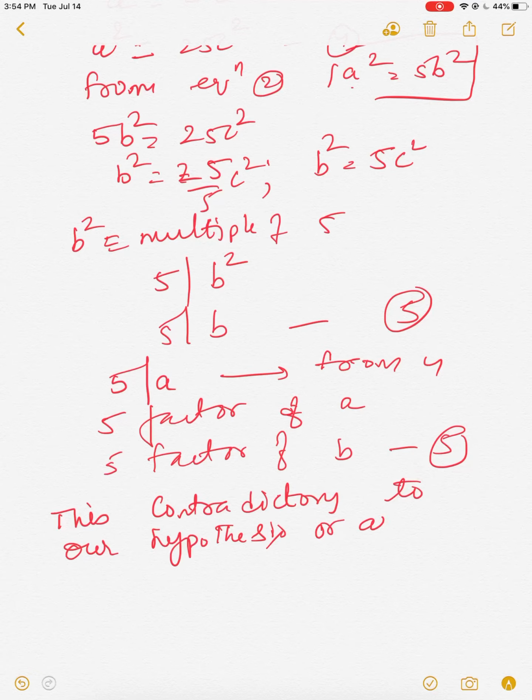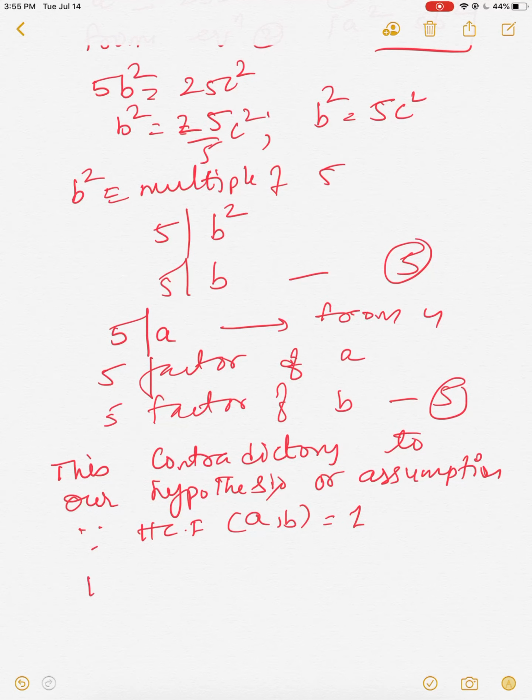Hypothesis or assumption, because we assumed that HCF is equal to 1. Contradictory to our hypothesis or assumption, since HCF of a and b is equal to 1. But here we are getting HCF of a and b equal to 5. Other than 1, nothing should be a factor. But we are getting HCF.